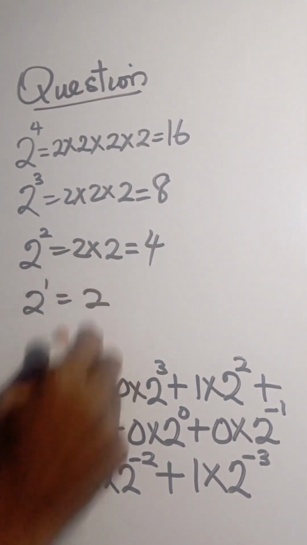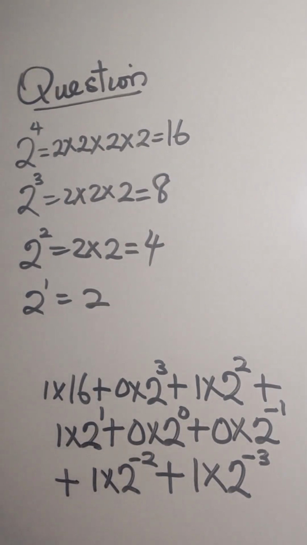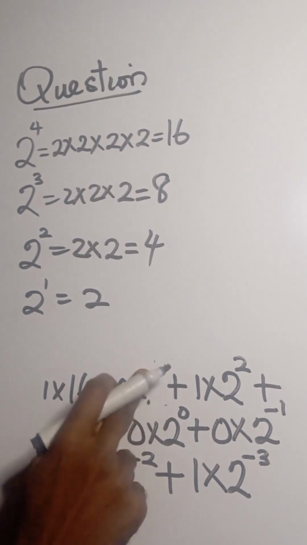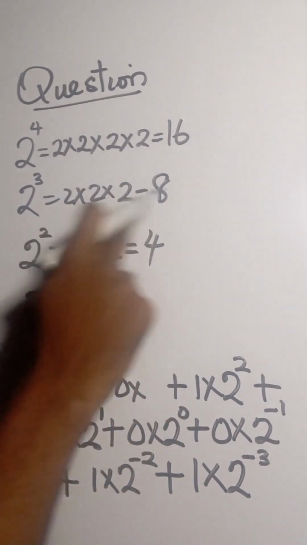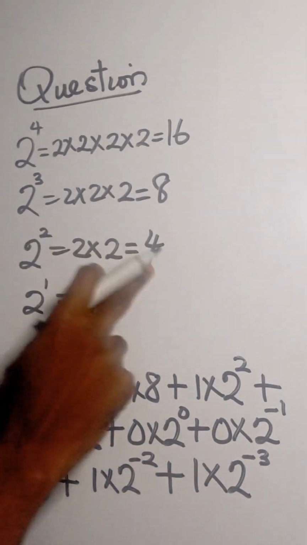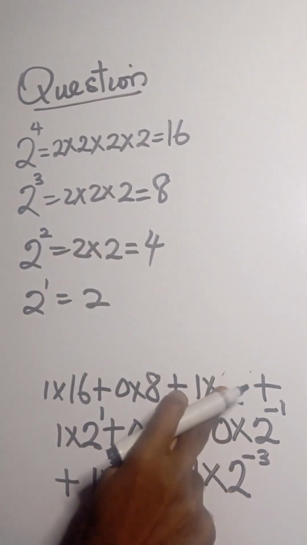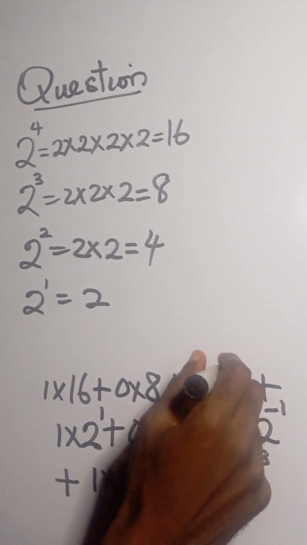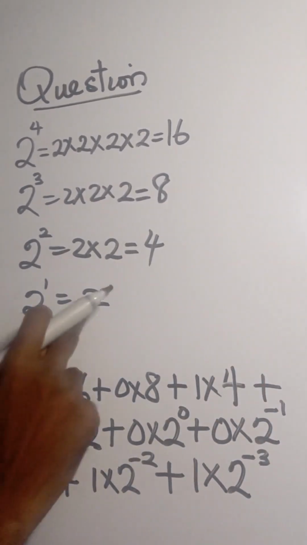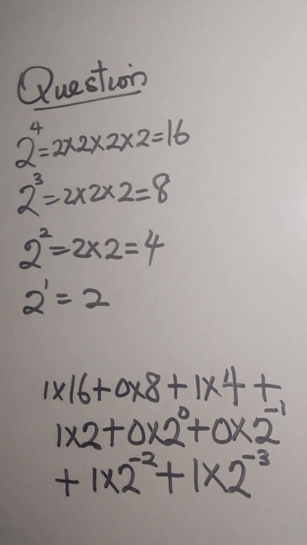And 2 raised to power 1 is just 2. So we substitute: instead of 2 raised to power 3, I have 8, instead of 2 raised to power 2, I have 4, and instead of 2 raised to power 1, I have 2.